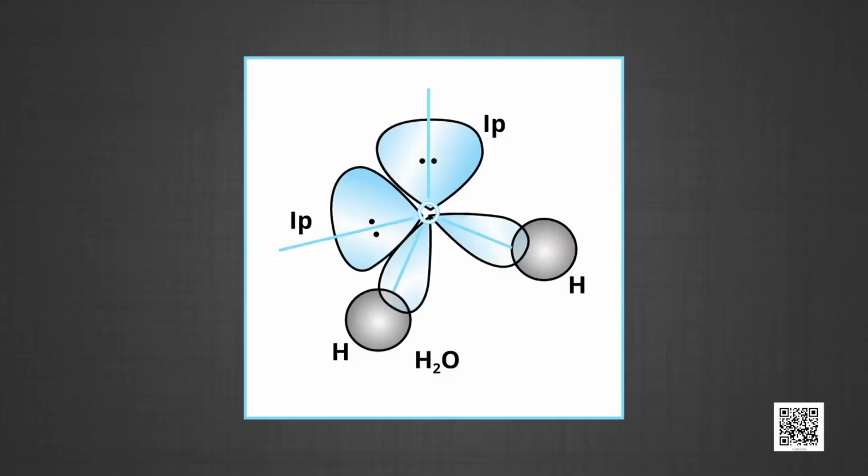In the case of the water molecule, the 4 oxygen orbitals, one 2s and three 2p, undergo sp3 hybridization, forming 4 sp3 hybrid orbitals, out of which 2 contain 1 electron each and the other 2 contain a pair of electrons.